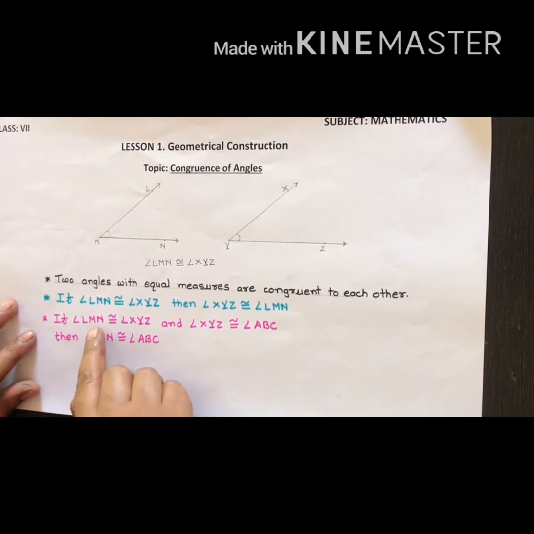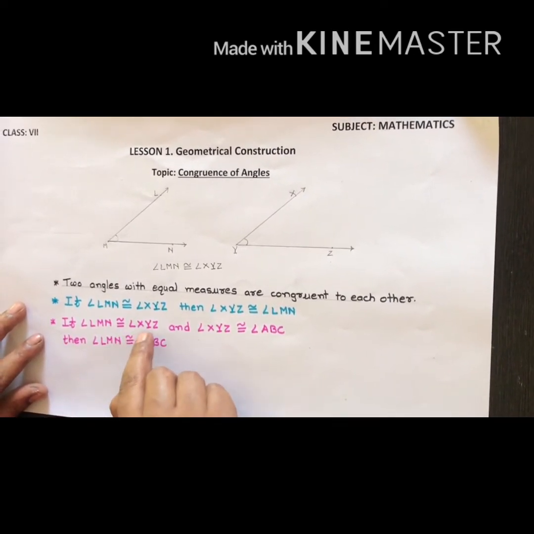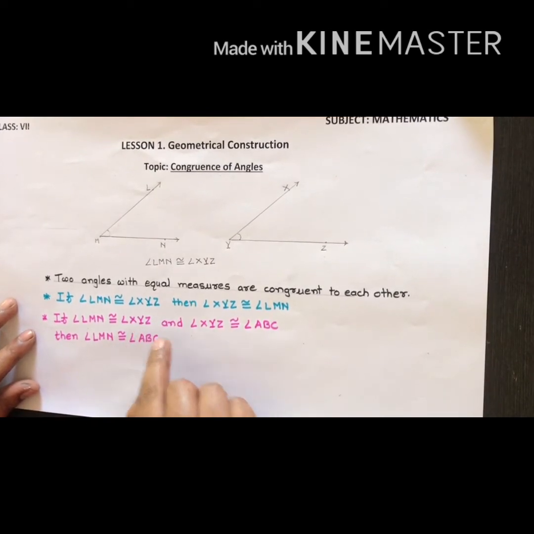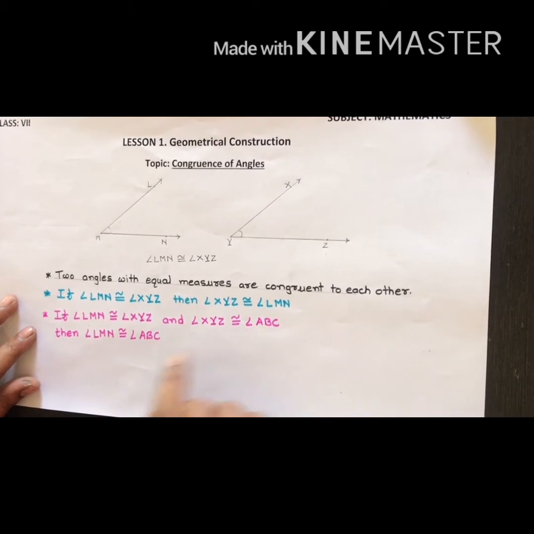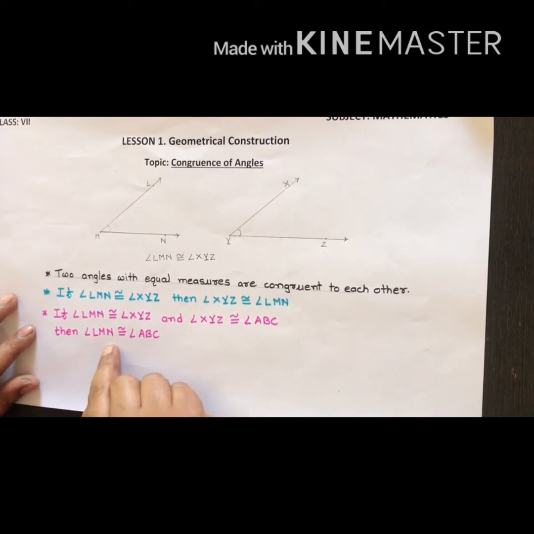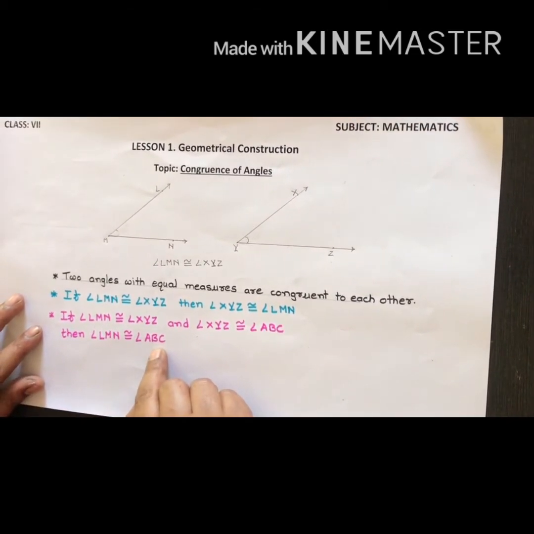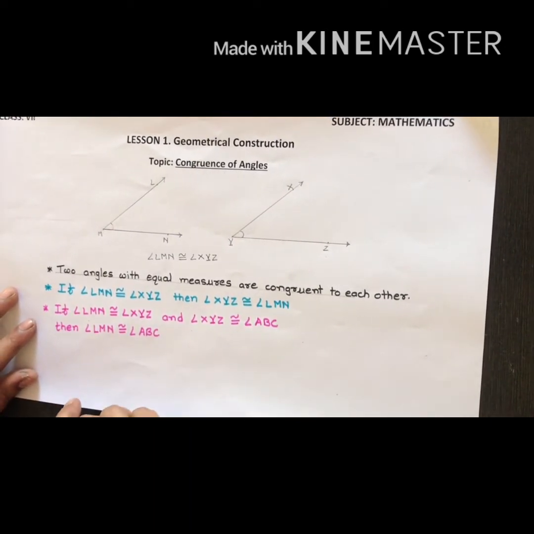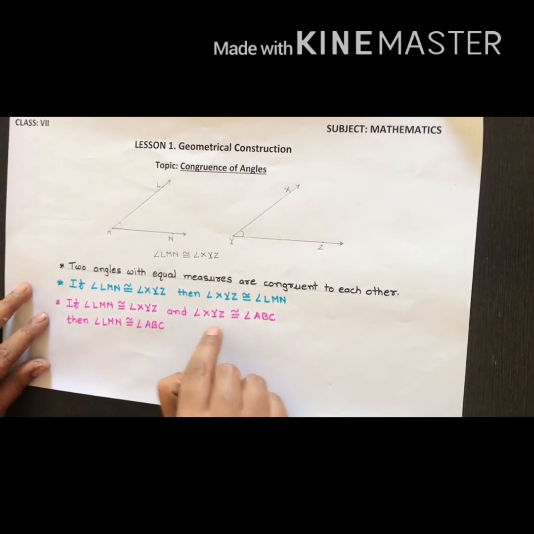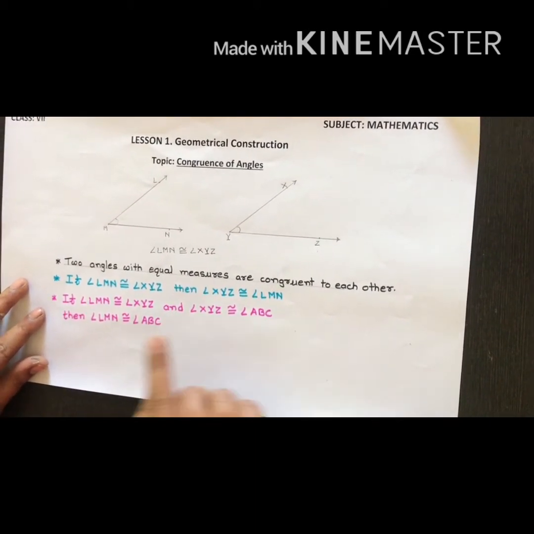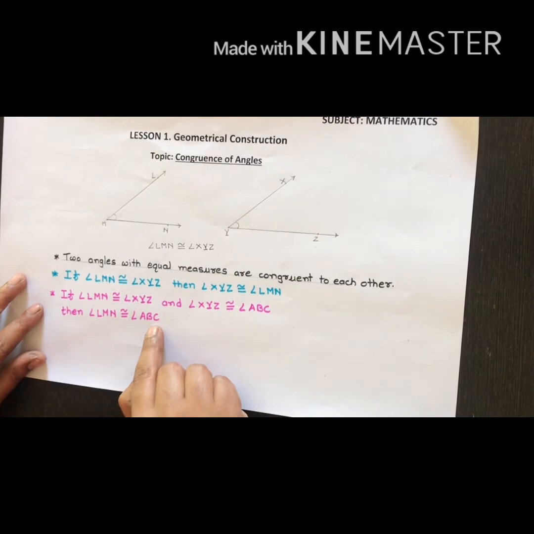Similarly, if angle LMN is congruent to angle XYZ and angle XYZ is congruent to angle ABC, then angle LMN is congruent to angle ABC. In other words, if the first angle is congruent to another and that angle is congruent to a third one, then the first angle is congruent to the third one.